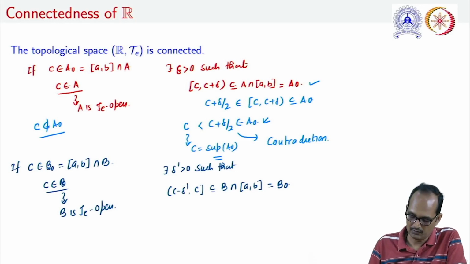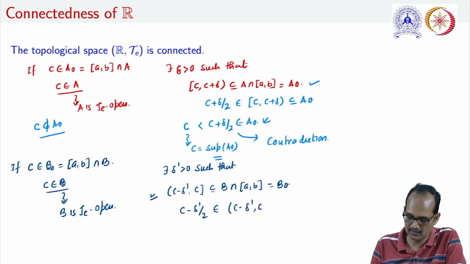Now, if this is a subset of B naught, let us think about C minus delta dash by 2. This is a member of this semi-open interval C minus delta dash, C, which is a subset of B naught, so we can conclude that C minus delta dash by 2 is a member of B naught.